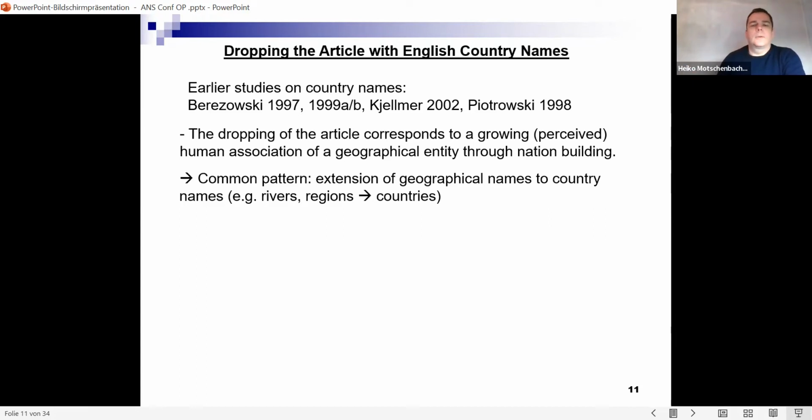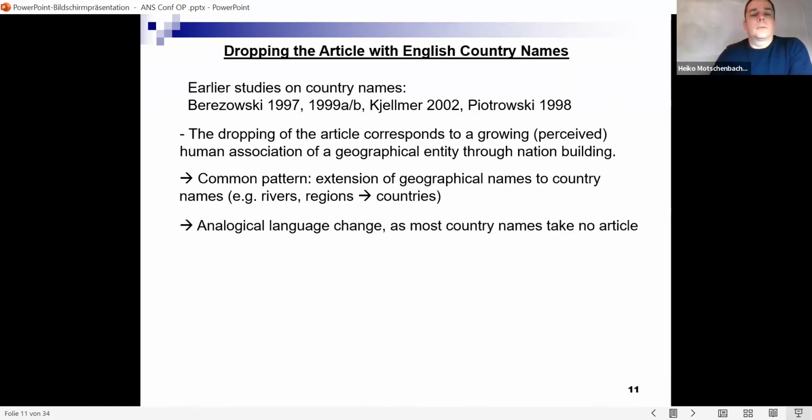So we have names of rivers or regions, and at some point these names are also used to refer to countries. And if the original name goes with a definite article, it's also likely that at least in the beginning, the country name also goes with a definite article. But then we have normally what is called analogical language change, because country names by default are without definite article. These names may also lose the article throughout time.